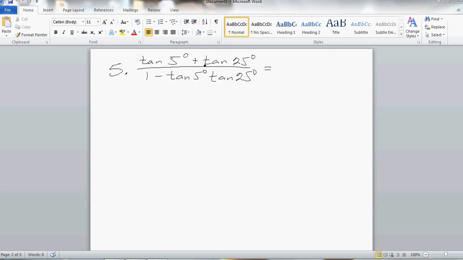Tangent doesn't come out quite so nice. And so this is going to become the tangent of 5 degrees plus 25 degrees, which equals the tangent of 30 degrees, which is equal to the square root of 3 over 3.